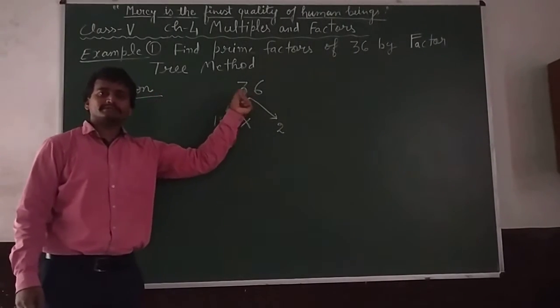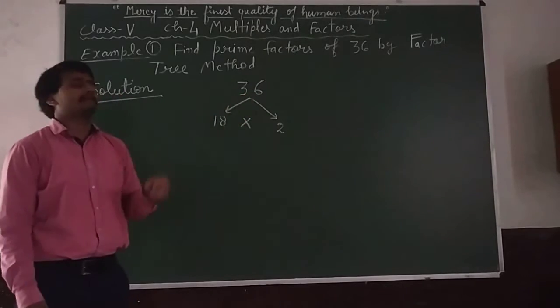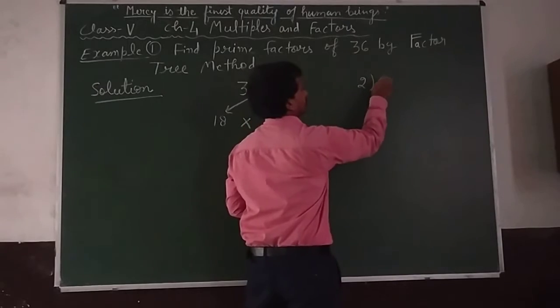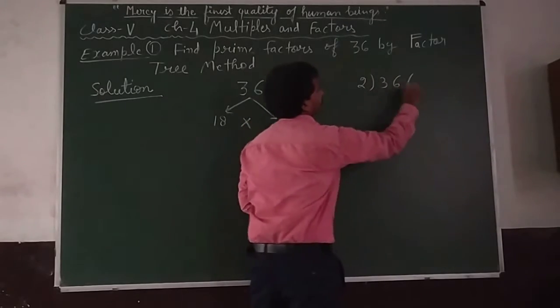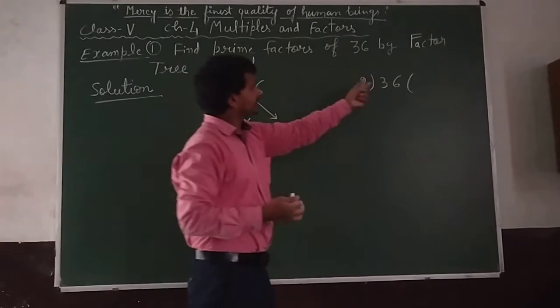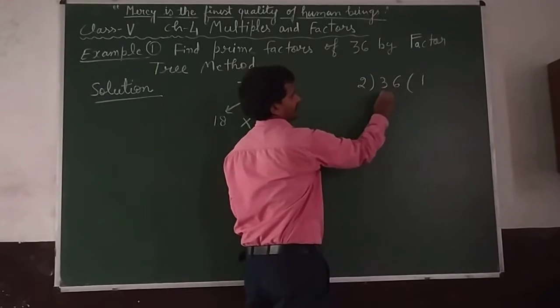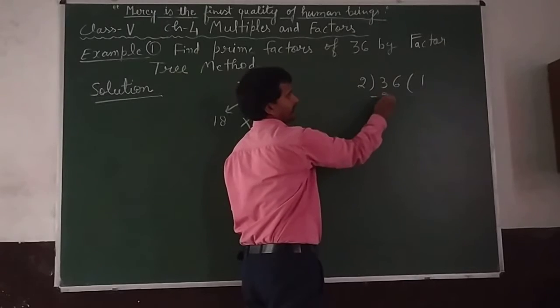Since 36 is an even number, we will check it by dividing by 2. How many times do we get 36? So divide it. 2 ones are 2. 3 minus 2, 1.